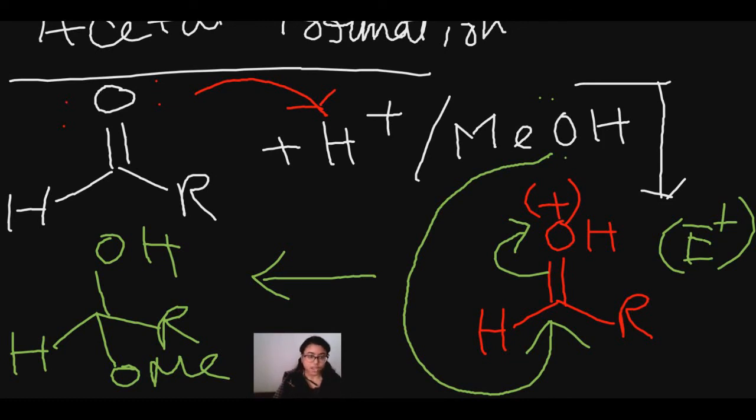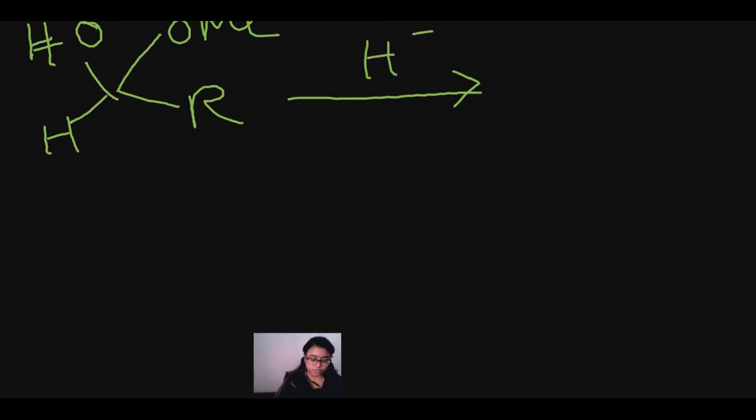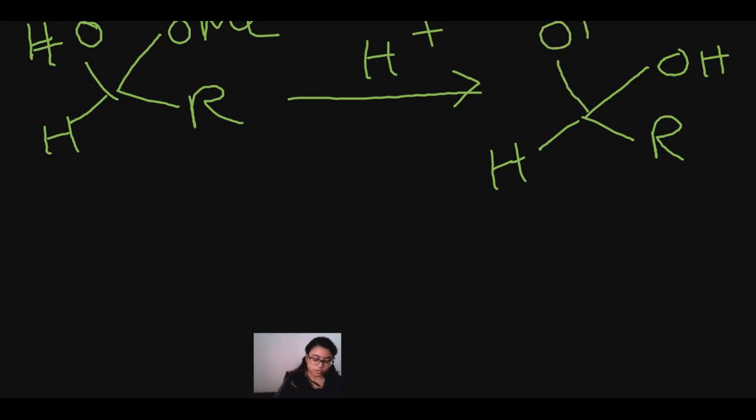Now in the next step, H plus is present in the medium with the hemiacetal, and that H plus can be taken up by the OMe or by the OH. It will be taken up by the OH because H2O positive will form, and H2O is a very good leaving group.